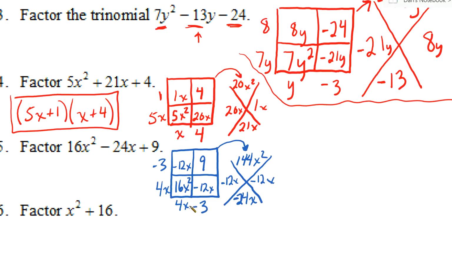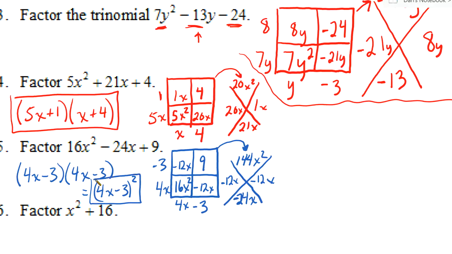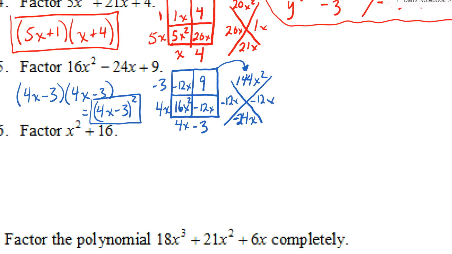And if I do that, I'm good because negative 3 times negative 3 is 9. So my final answer is 4x minus 3 times 4x minus 3, which you could also write as 4x minus 3 quantity squared. Either one of those will work. Just look at the answers in your multiple choice and figure out which one it is.